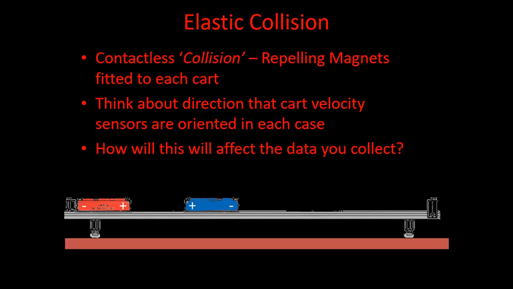Consequently, if we give an initial velocity to our red cart, it will hit the blue cart and translate momentum to it, allowing it to move. Again, think about the signs that you'll get for the velocities of the red and blue cart respectively when looking at and interpreting your dataset.